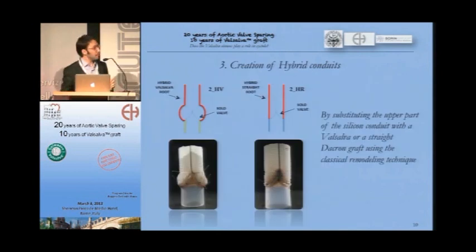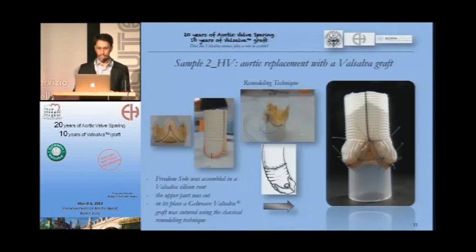The third step was the creation of the hybrid conduits. This time, those two samples were obtained by substituting the upper part of the silicon conduit with a Valsalva or a straight Dacron graft using the classical remodeling technique.